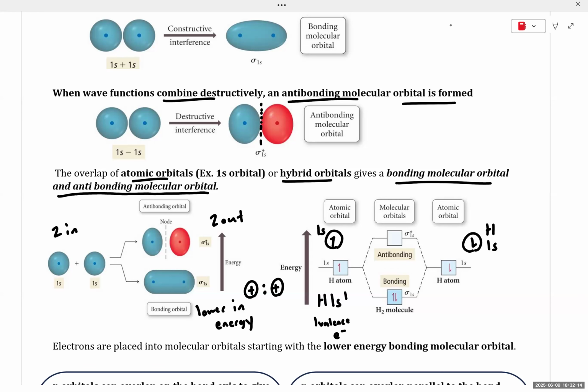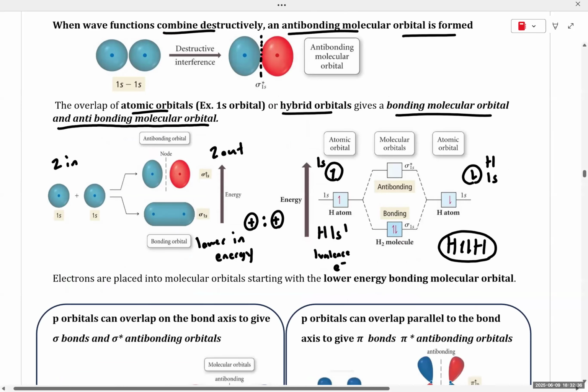As you can see, those two electrons go in the lowest energy bonding molecular orbital first. So what this is saying is that when we take these hydrogen 1s orbitals and overlap them, we get a bonding molecular orbital where we have two electrons shared between our hydrogen atoms.